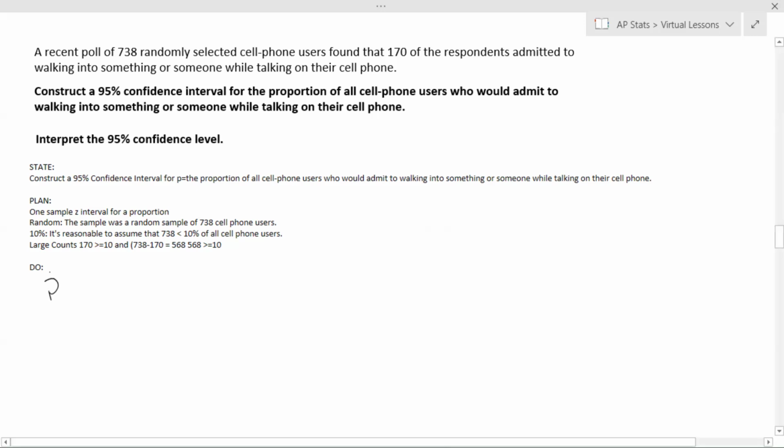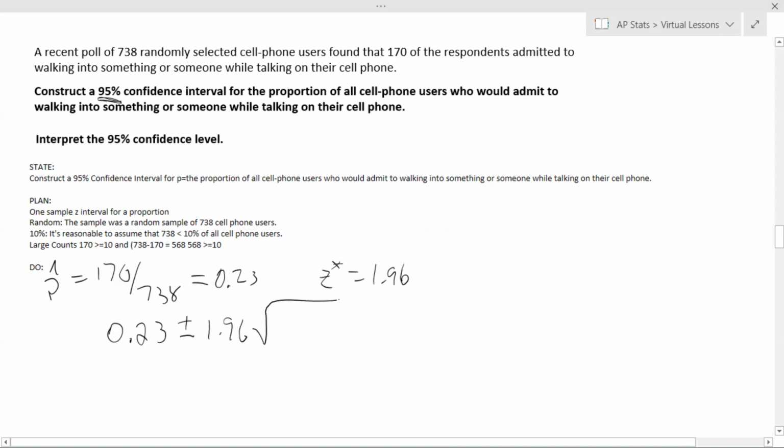Our p hat in this situation is 170 over 738, and that's equal to 0.23. Since it's a 95% confidence interval, the Z star critical value for that is 1.96. So our confidence interval is going to be 0.23 plus or minus our Z star critical value times the standard error.